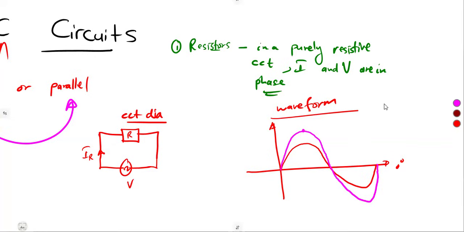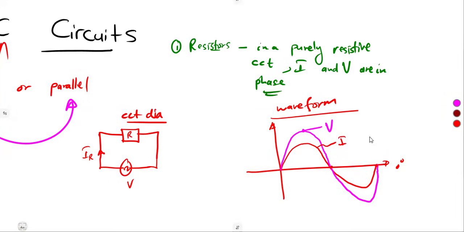Guys, we cannot have a circuit where the voltage is maybe 2 volts and the current is 30 amperes. Voltage will be bigger. Voltage is 240, current maybe is 10 amps, right? That is why we see the current being smaller. So this is for voltage, and this one is for current, but they are in phase, at the same points.